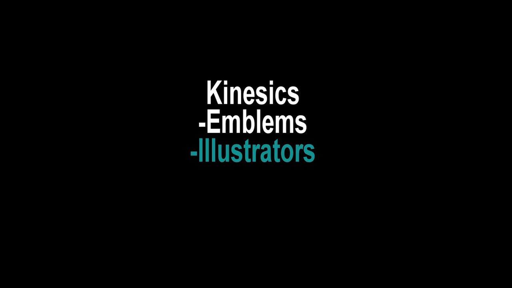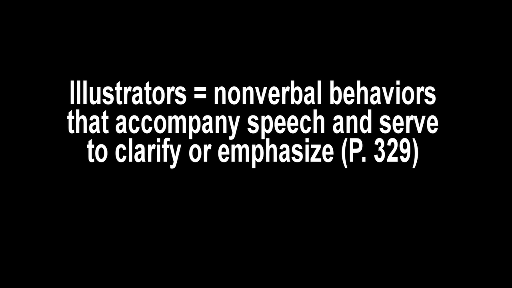Okay, and the next part is about illustrators. Illustrators are speech-related gestures, essentially movements that you make in coordination with speech that are used to clarify what you're saying. Another definition is that they are used to emphasize, and they serve the function of emphasis when you're speaking. This part wasn't very long, but it gave some really great examples, and I found some online through some research.